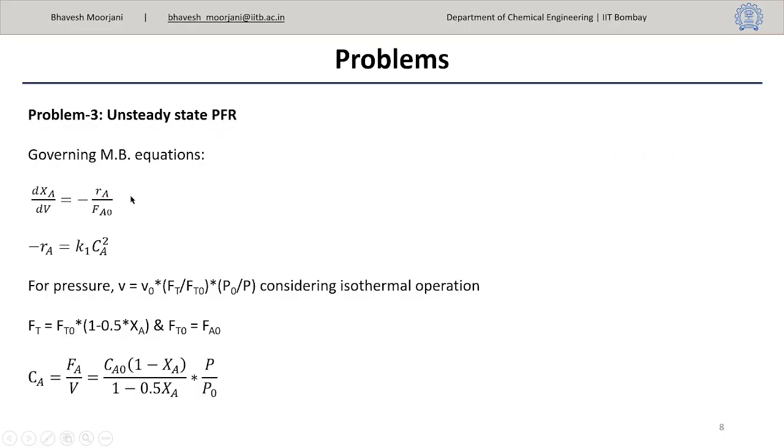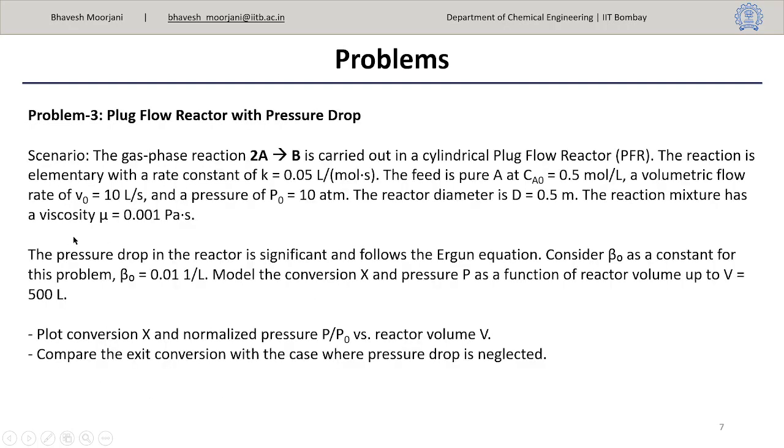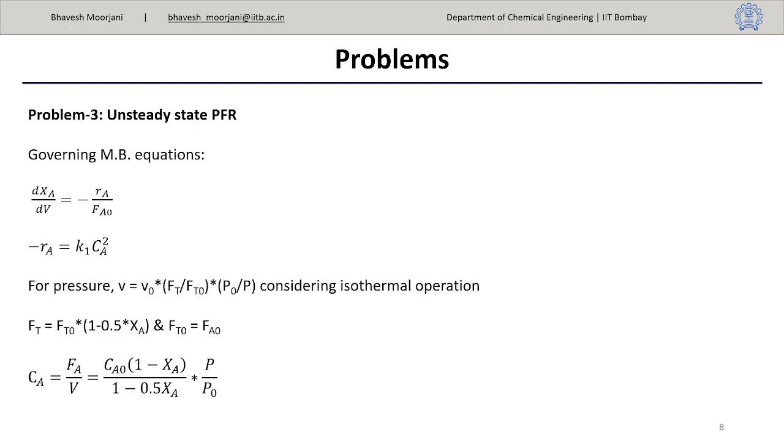So for this reactor, when you do the mass balance, this is the kind of equation that you will land up with, where you have the change in the conversion of A, which is your reactant, with respect to volume, given as minus rA divided by the feed molar flow rate FA0. And your rate, since it's an elementary reaction, is given as minus rA equals k CA squared. Now since it's a gas phase reaction, there will be some volume change occurring.